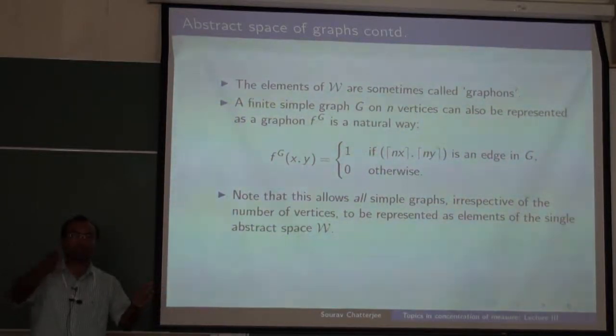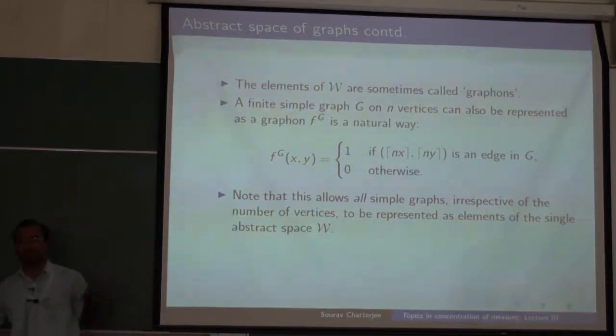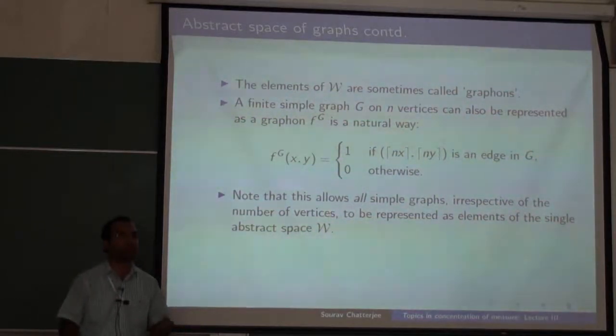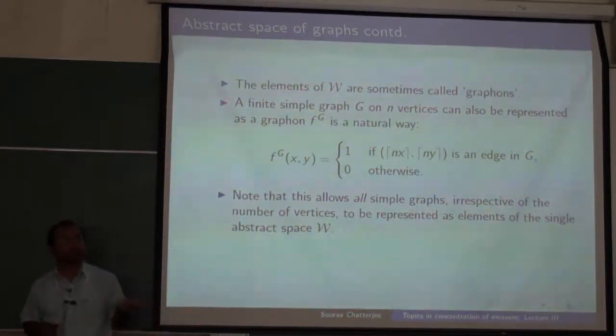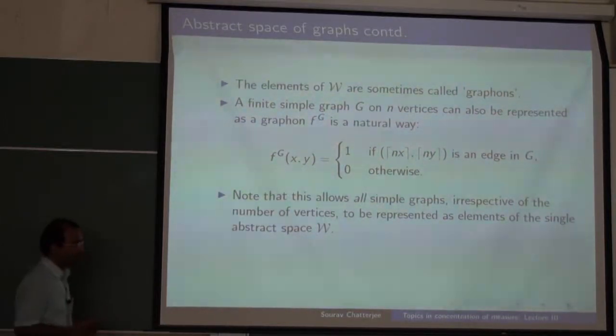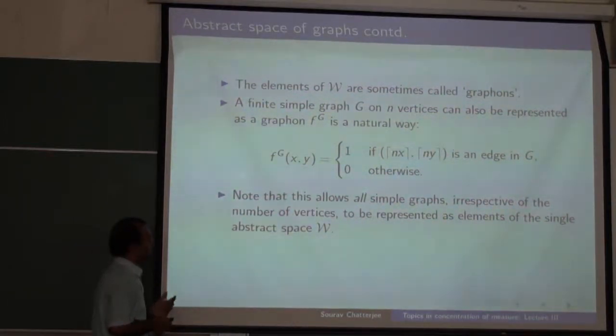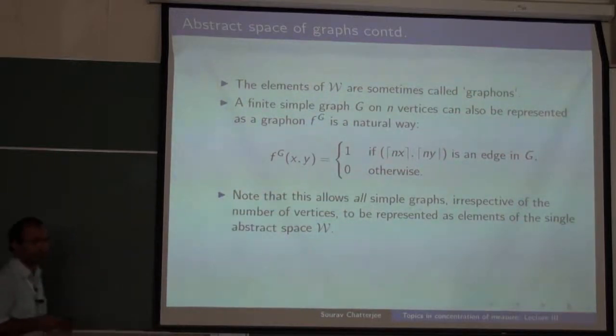You put mass 1 over n on each number, and you consider that as a probability measure on the real line. So just as any finite set of real numbers can be thought of as a probability measure on the real line, any graph on any number of vertices may be thought of as a function here. Okay. Any questions?